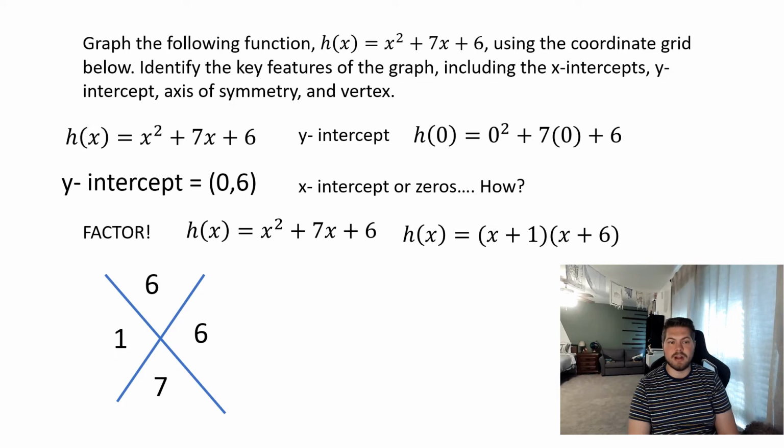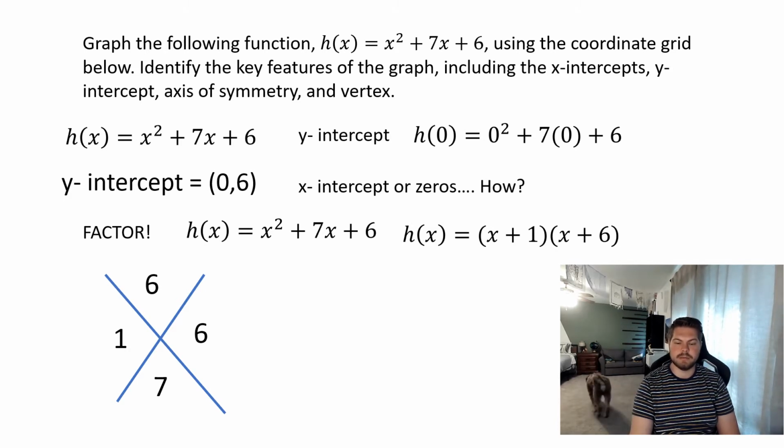Now we can do a lot with this. Again, you could find your y-intercept by plugging in 0 for x. You can find your x-intercepts because if either of these become 0, then the whole thing would be 0.